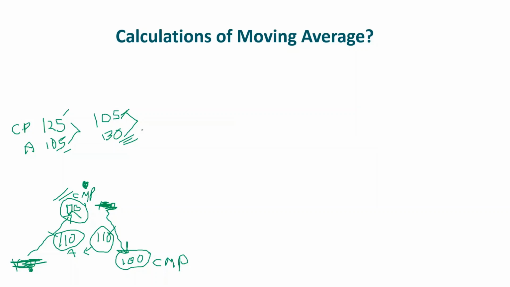I hope you understood why I emphasized this point, that we can determine the overall trend of the market just by seeing these two values. Now let's understand the same thing on a chart.